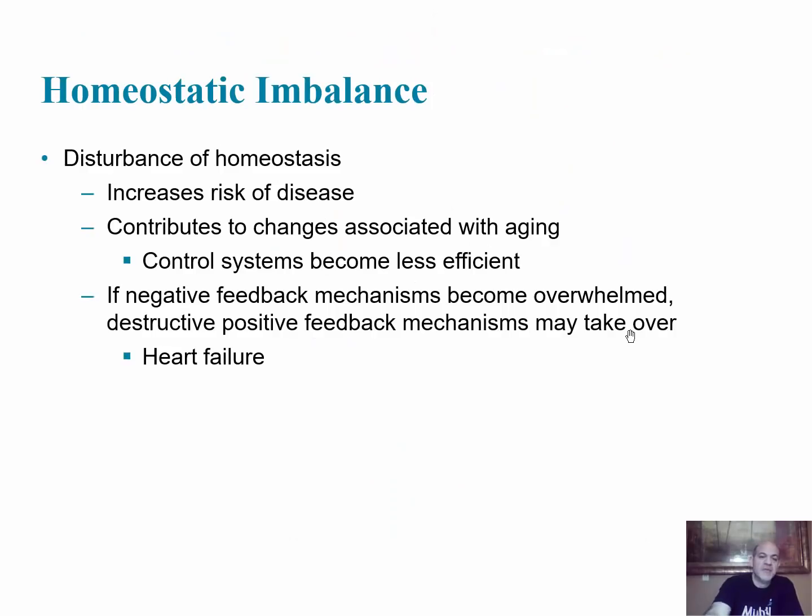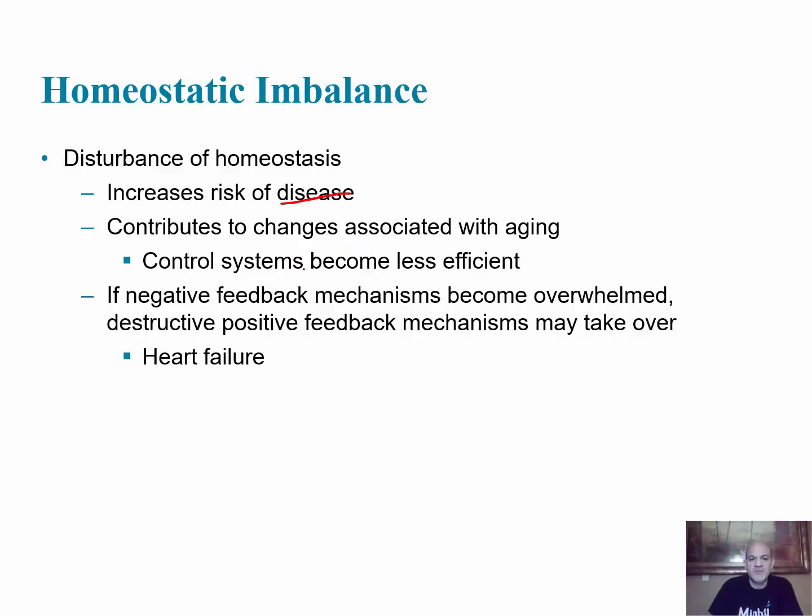So what happens when we have an imbalance in homeostasis for any one of those variables? That can cause disease or illness. Okay, so any disturbances in that homeostasis. There's a big contribution to these types of changes in homeostatic imbalance with aging. Your organs and within your organ systems just don't function as efficiently as they used to.